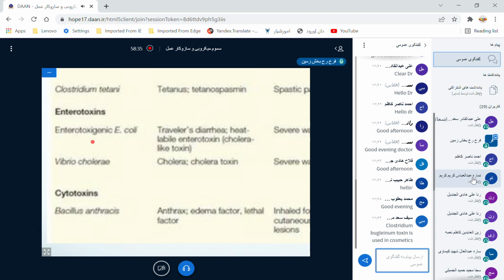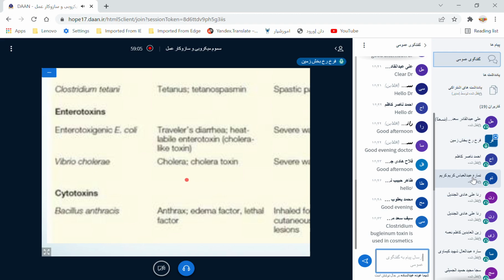E. coli has several different groups, and one group is the enterotoxigenic. The disease name is traveler's diarrhea, and the name of the toxin is heat labile enterotoxin or cholera-like toxin.